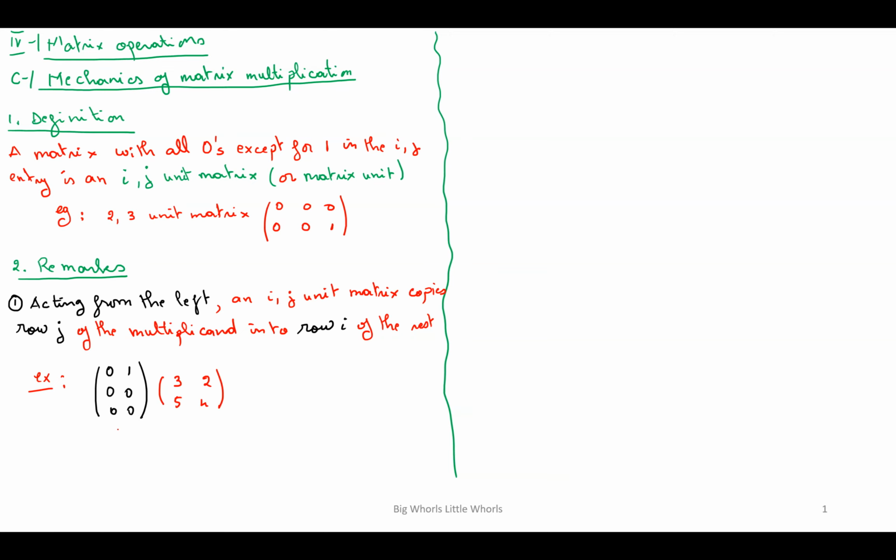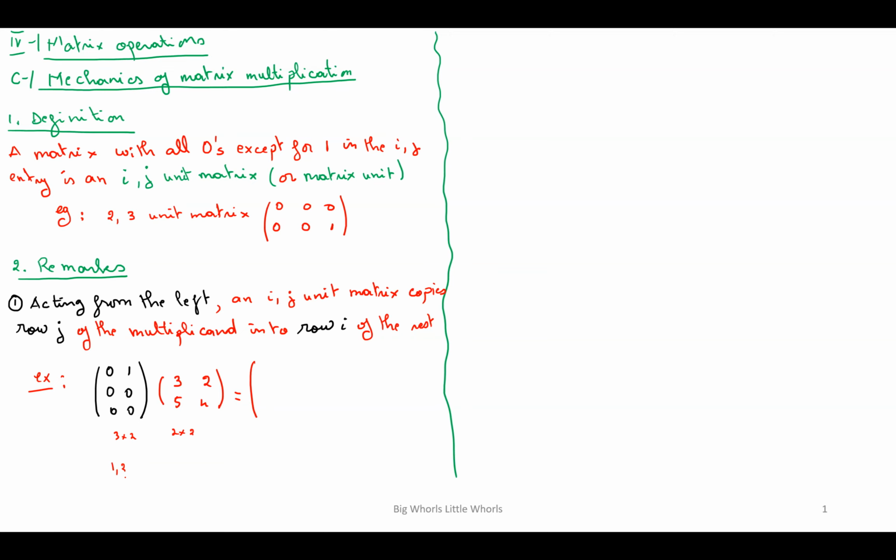This is a 3 by 2 matrix and this is a 2 by 2, so the answer is going to be a 3 by 2 matrix. So this multiplication is defined, and this is a 1 2 unit matrix.